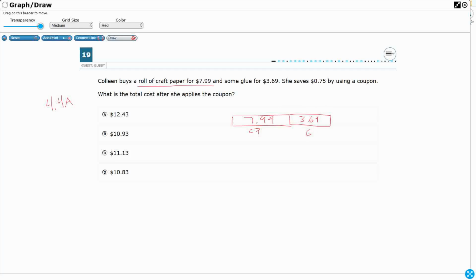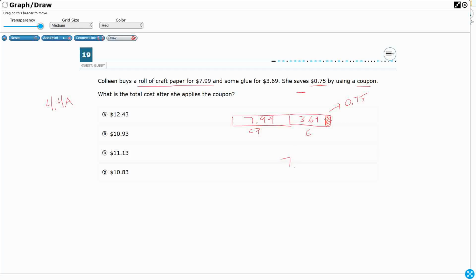Now the question is, what am I doing with this 75 cents? Am I adding it on or am I subtracting it, right? So when you save money, that means you buy less, you spend less, and a coupon also means you save money. So really what I need here is I'm going to draw like a little hash mark right there, and that's going to be my 75 cents. That's my coupon.